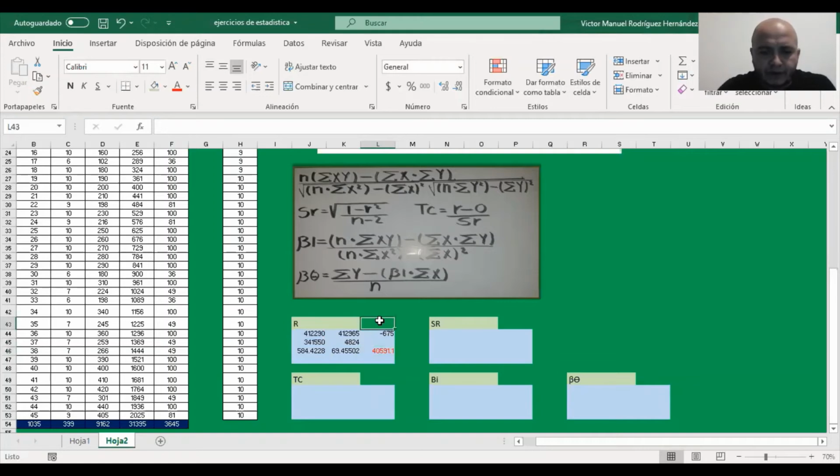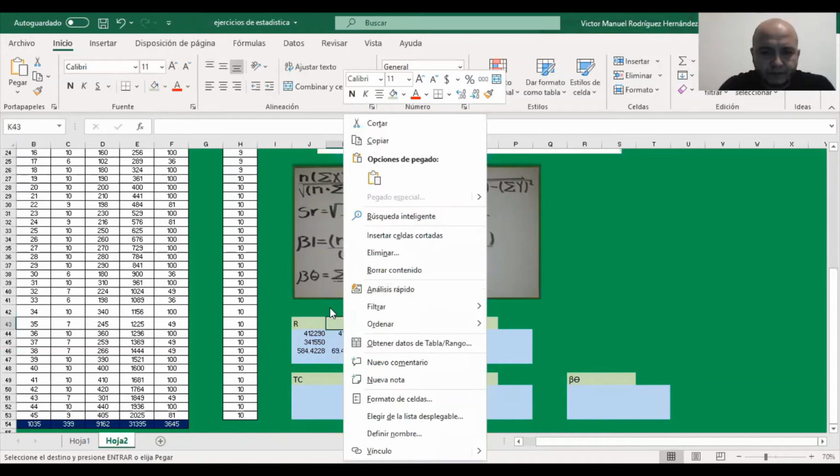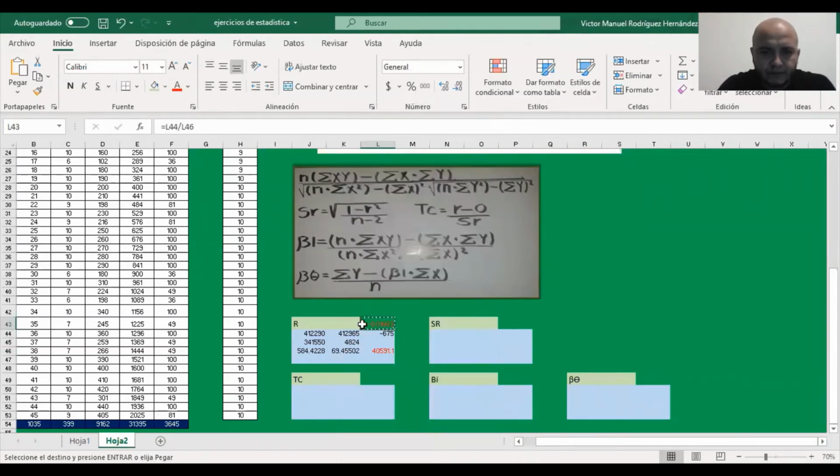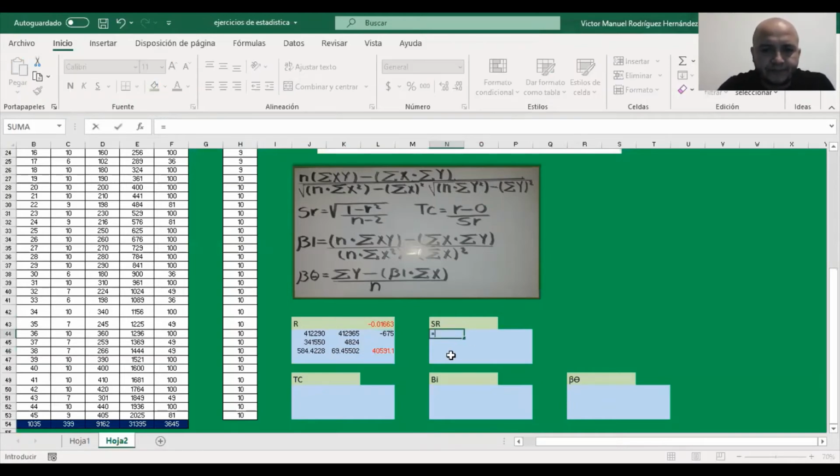Okay, to get the R, all we have to do is divide this into this. And there it is. We have the Y number over here. Hold on. All right, now we're gonna get SR. This is a formula.